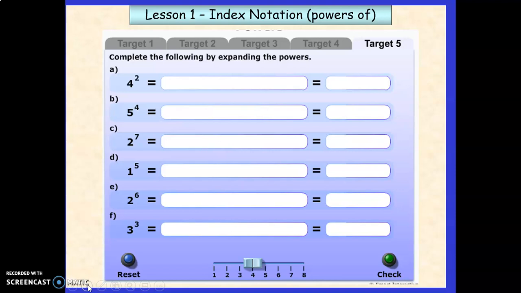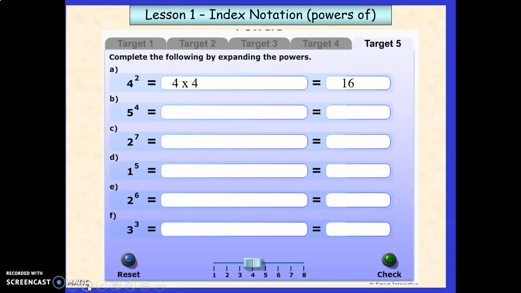So here I've got a few examples that I'd like us to try, and again I'd like each of these copied down. So 4 squared, well what does that mean? It means 4 to the power of 2, which is 4 times itself, so that becomes 4 times 4, which is 16. Okay, be careful with this and not confuse it with 4 times 2, which is 8, which would be an incorrect answer.